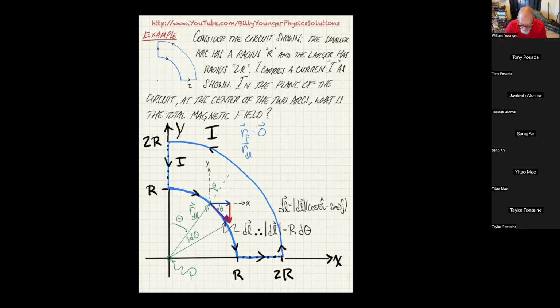But now you see the purple vector. Looking at this drawing of R DL, can you tell me what the x component of R DL is? Notice my theta is not in the normal position.